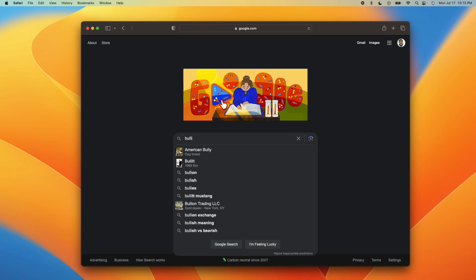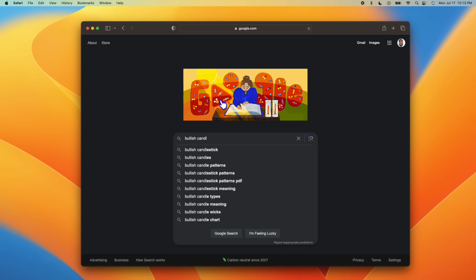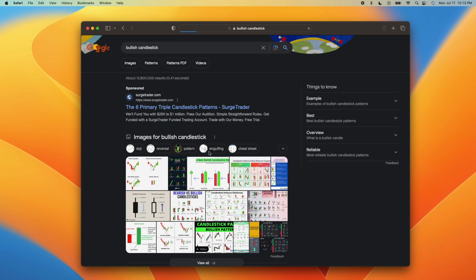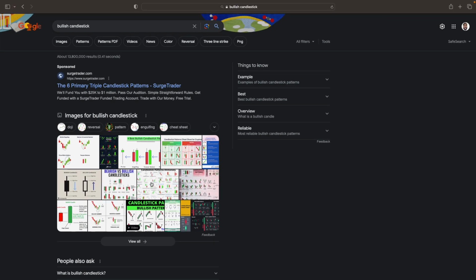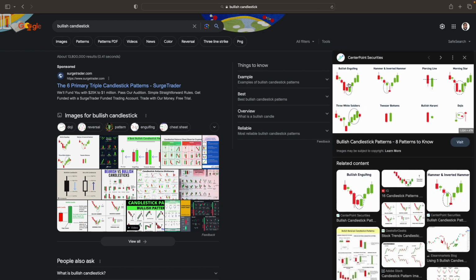So if you're in a demand zone and you're looking to put on a trade, you want to look for candle patterns like this. You want to see a doji with a bullish engulfing. You want to see a morning star. These are just different things you want to look for.